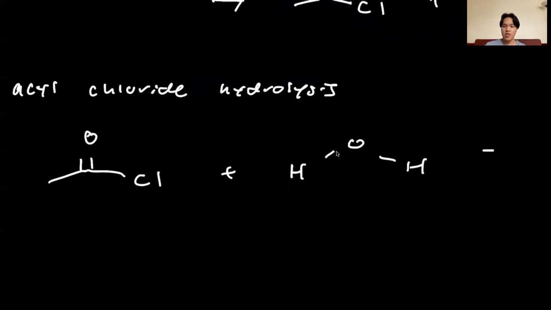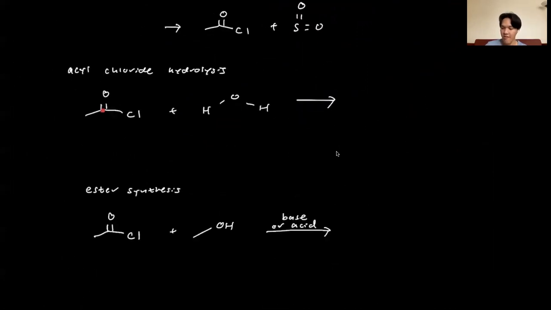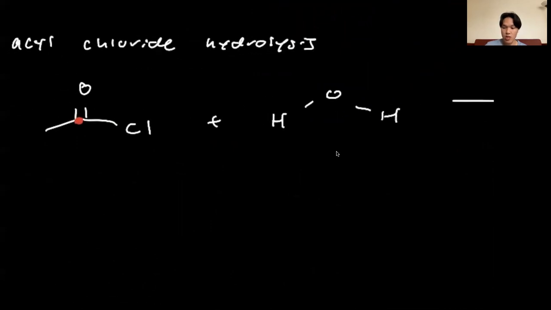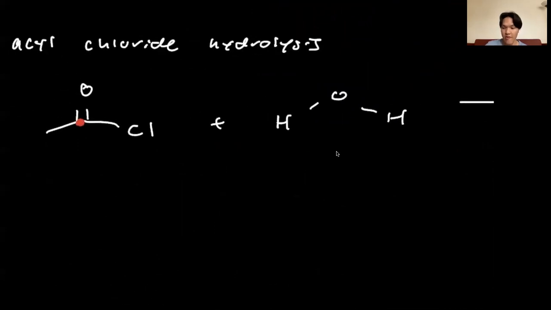So the first thing you should notice about this acyl chloride is this carbon over here, this carbonyl carbon, right? We know from previous chapters, there's a chapter on carbonyls, where we focused on how reactive this carbon was, right?